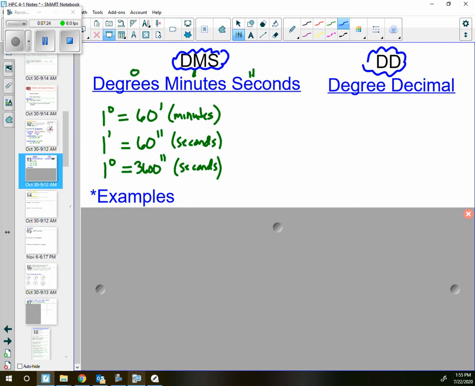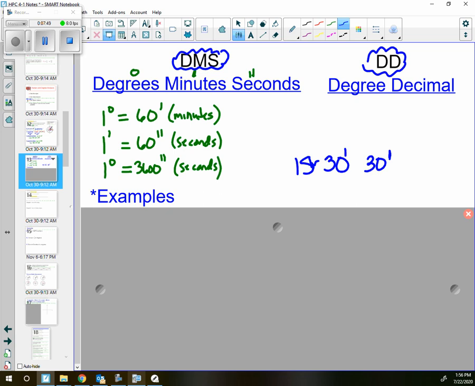Say I run a marathon, and my finishing time is 15 hours, 30 minutes and 30 seconds. So say that's my time.